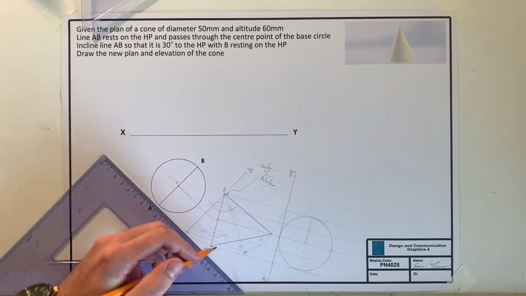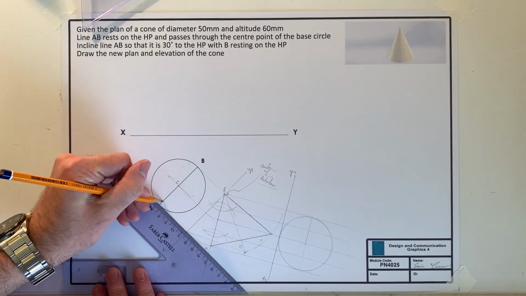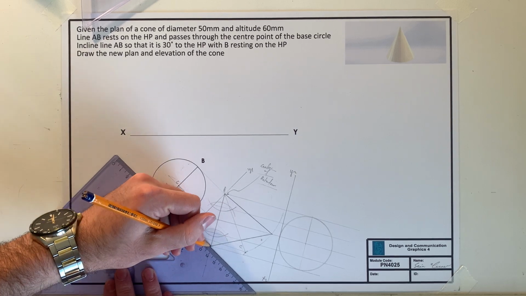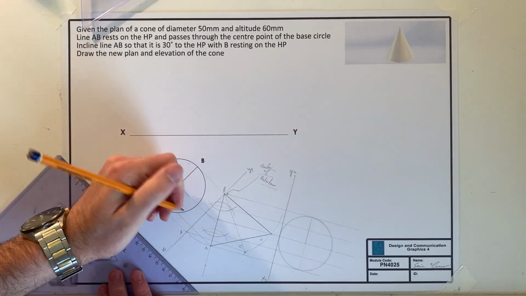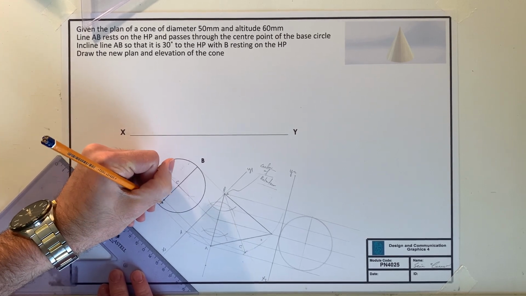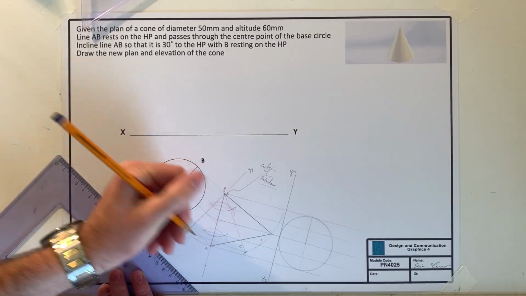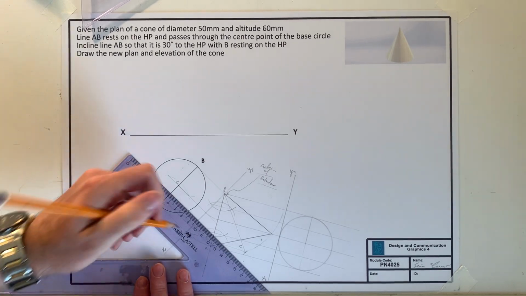So as you can see here, A in its new location is actually going to move further in. So when I bring that back, A is going to be now here. And just to make that clear, I'm going to call this point 1 now instead. Carry this one back.